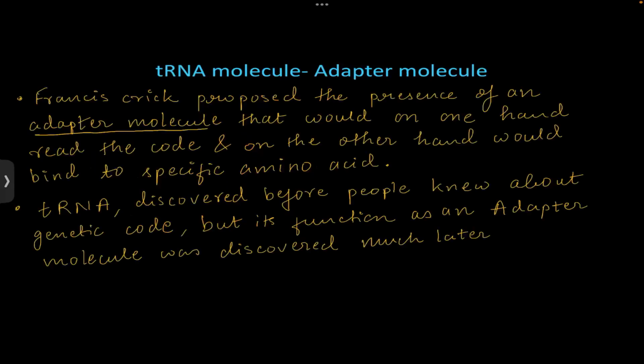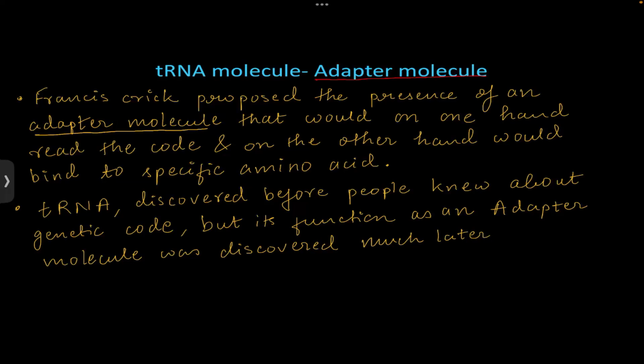Now, let me introduce you to the new role of the tRNA molecule. That role is of an adapter molecule. So what is an adapter molecule basically, and how did it come into the picture and why is it important now? Francis Crick was one of the people who discovered the DNA molecule, right? There was Watson and Crick, the famous Watson and Crick who discovered the DNA.